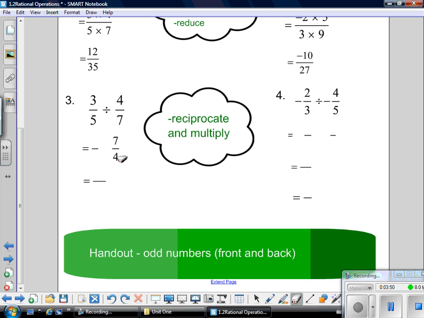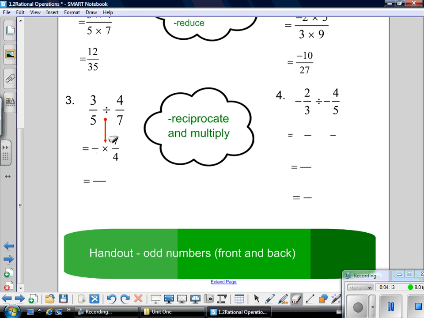Now, I've reciprocated it, but I also then have to change the dividing into a multiplying. Okay, so we have to change that dividing sign into a multiplying sign. So you can't do one without the other. You have to have both of those going on.